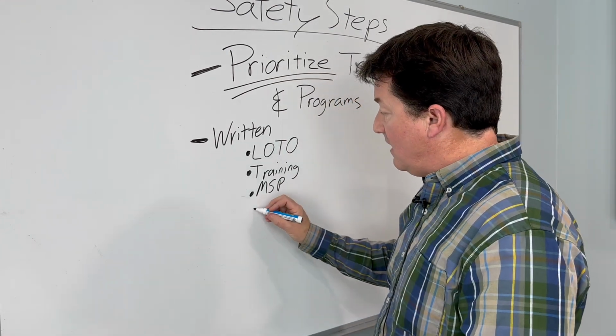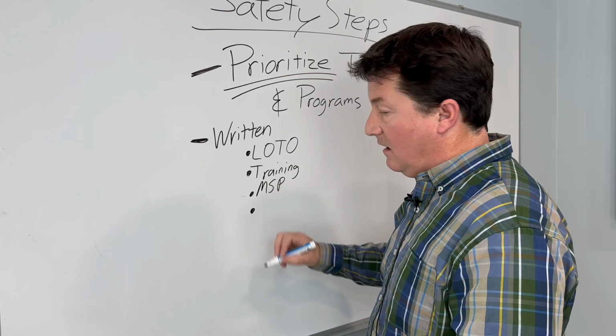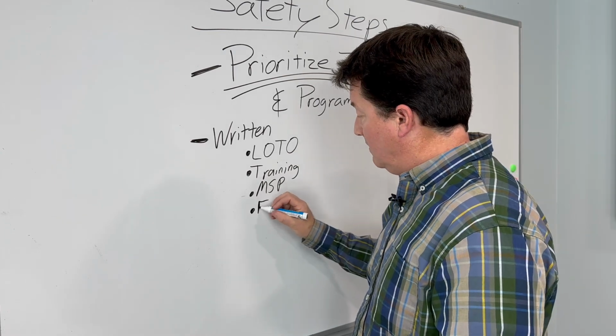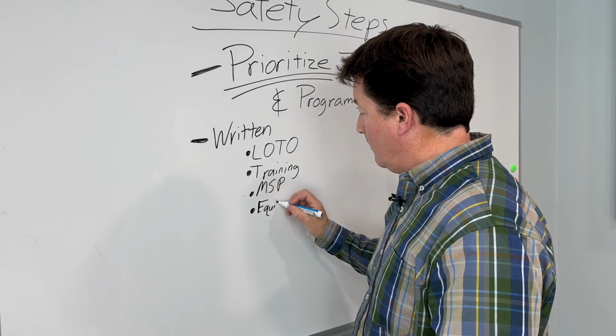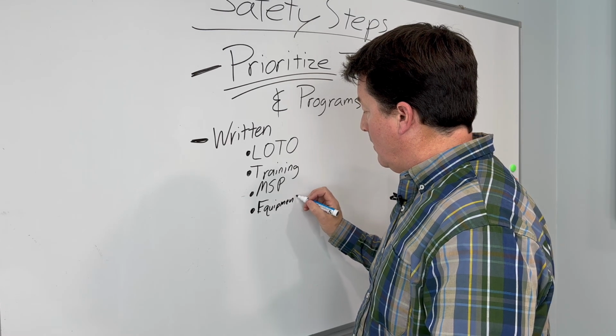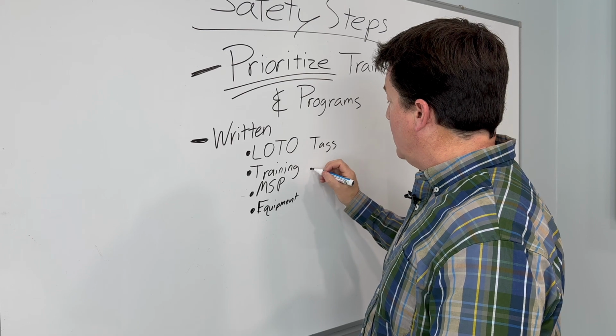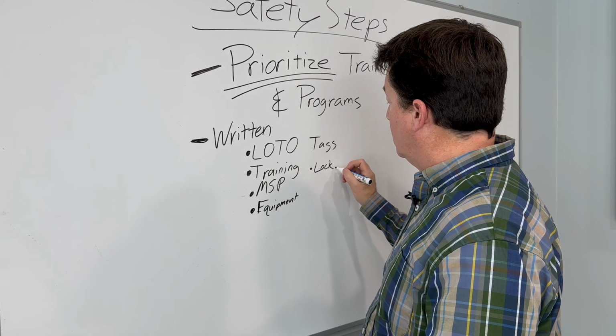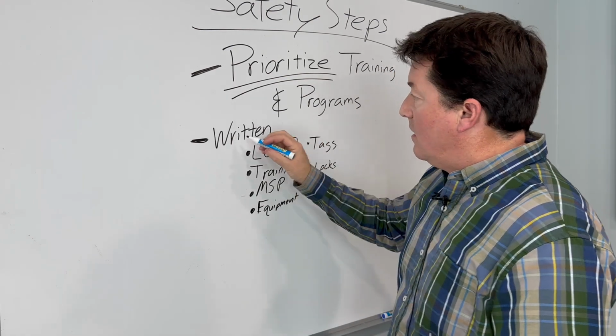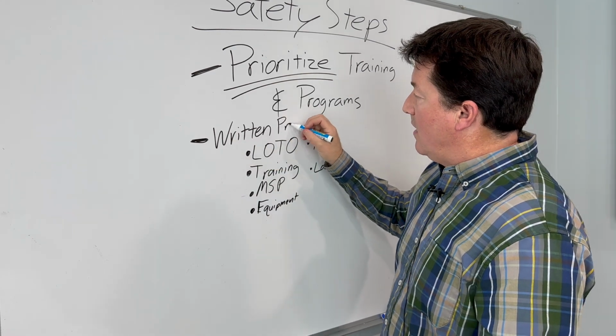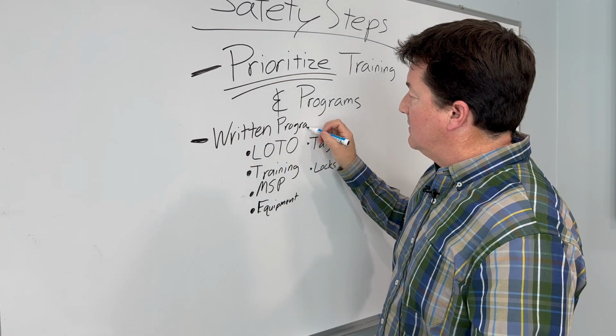I got to make sure I got the right tools and the right lockout equipment. Got to make sure people got tags. Got to make sure people got locks. So I've got a written program that's going to outline all of this.